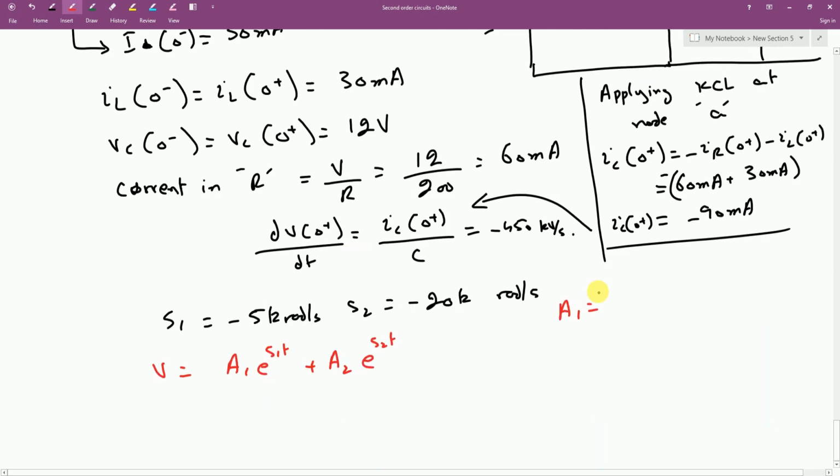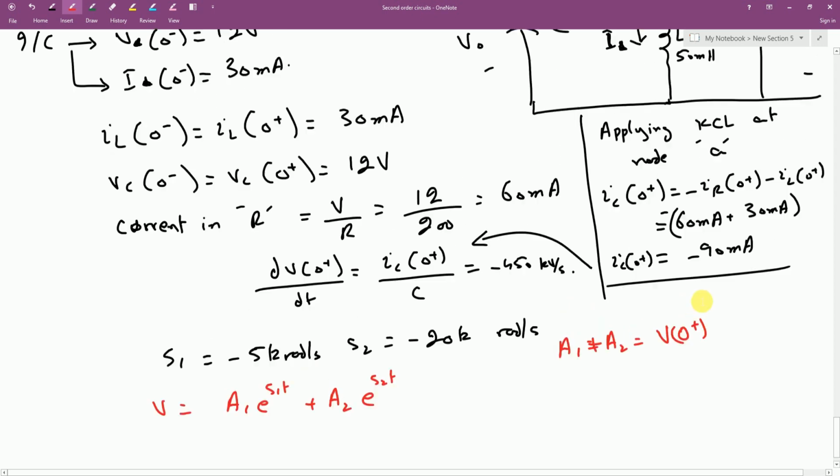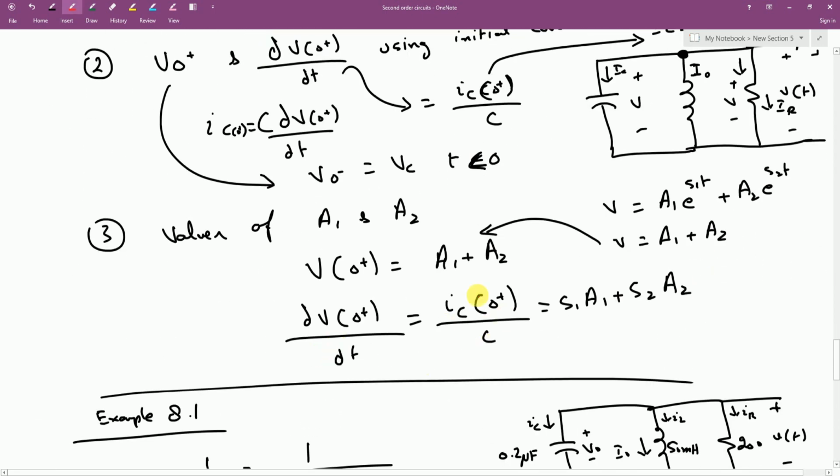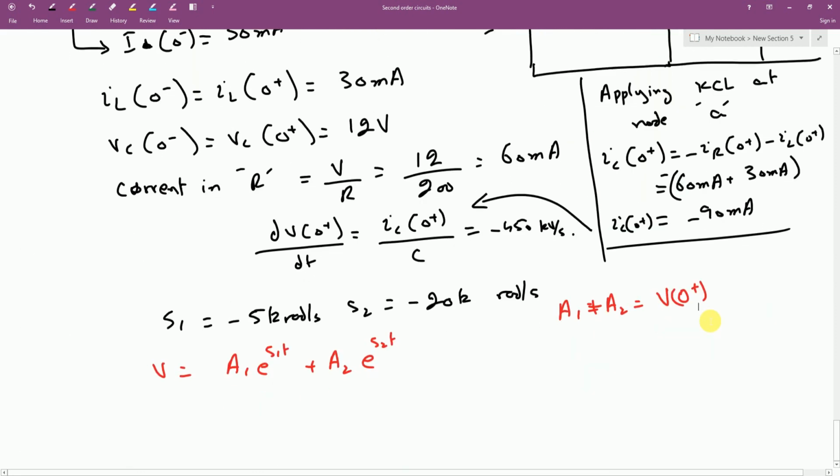Also, for the second one, we have IC0 positive over C is equal to S1 A1 plus S2 A2.